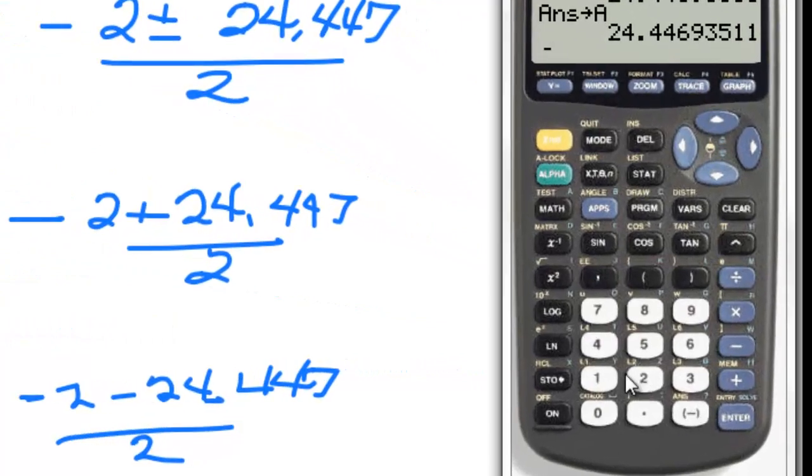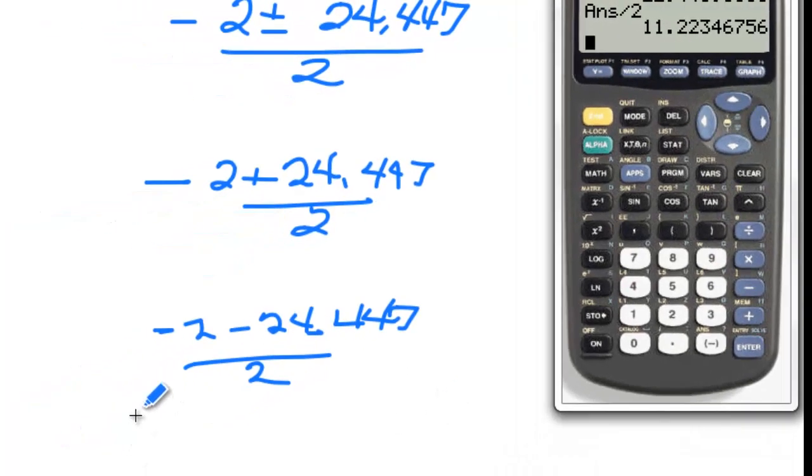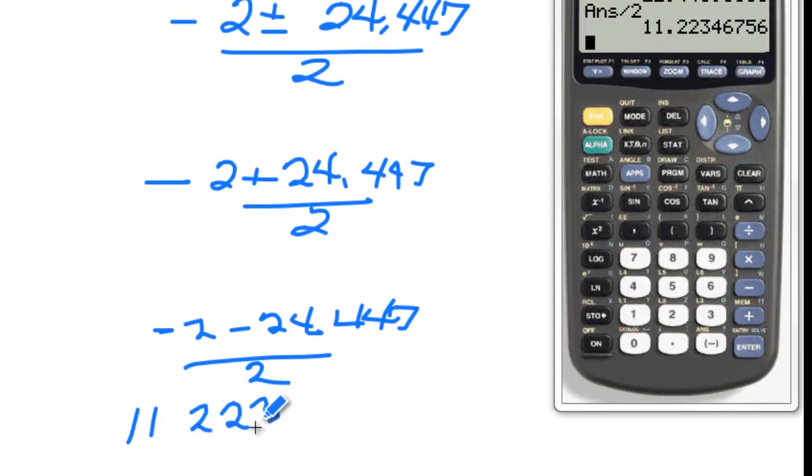So negative 2 plus the value that we stored in a, press enter first, divide that by 2. So we need to do the addition first before we divide. And one of our answers is 11.223 to 3 decimal places.